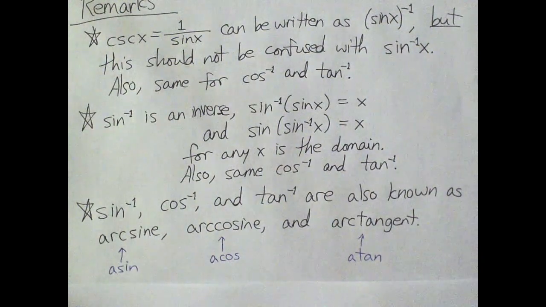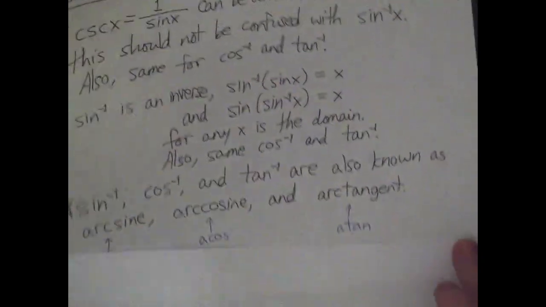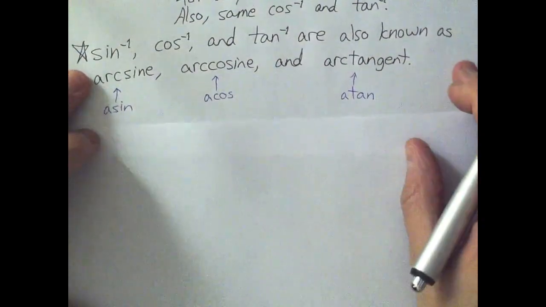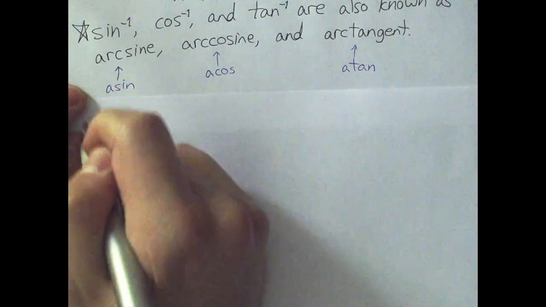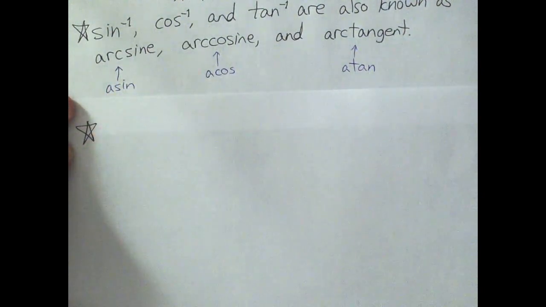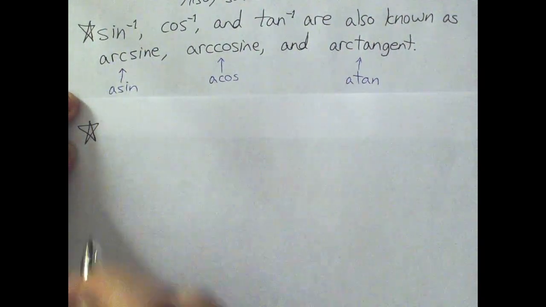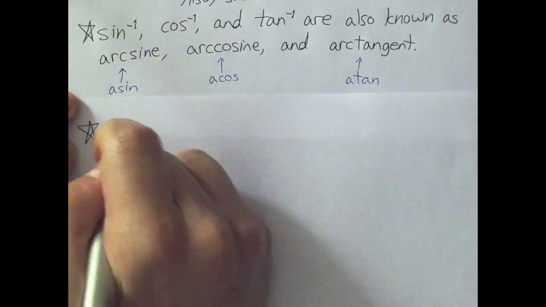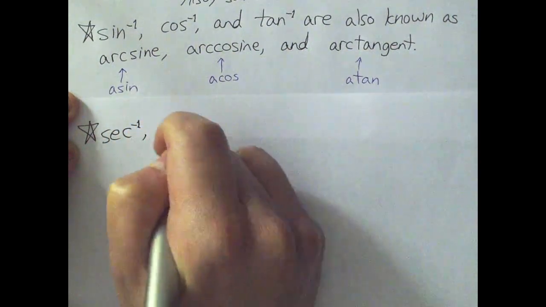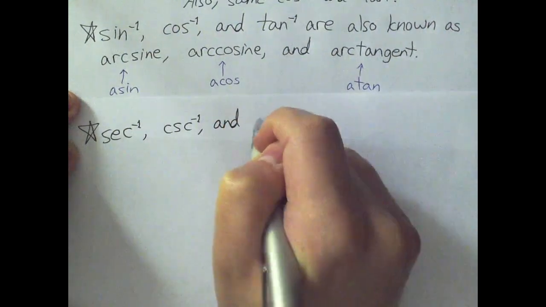Got one more remark before we move on to something else. You might be thinking, what about the other three? You know, there's secant, cosecant, all that. I'll say inverse secant, inverse cosecant, and inverse cotangent.